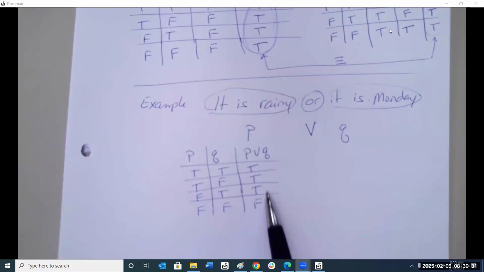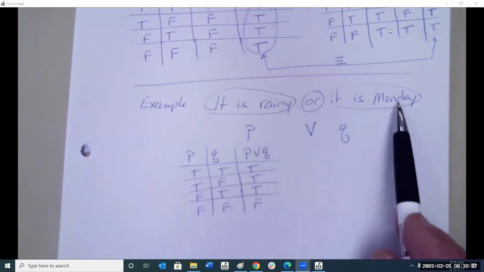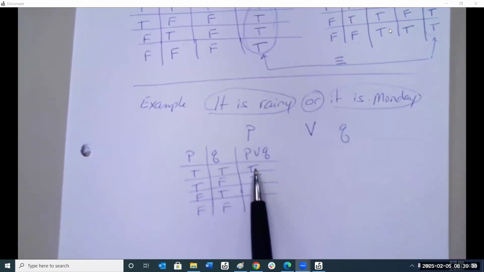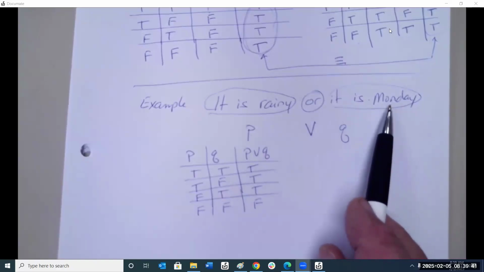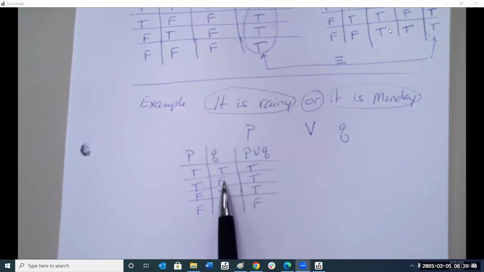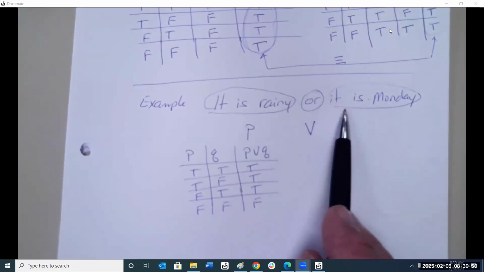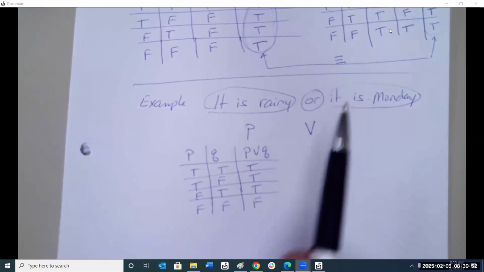What do these mean? So if it's rainy or if it's Monday, true. Those are my conditions. If it's rainy or if it's not Monday, does it satisfy this condition? Yes, because it's an or statement. If either of these are true, the whole thing's true.